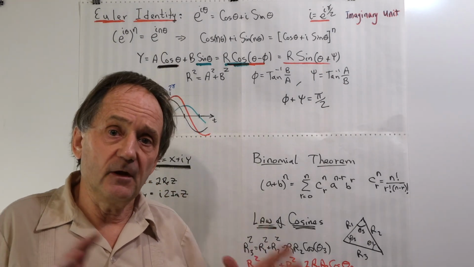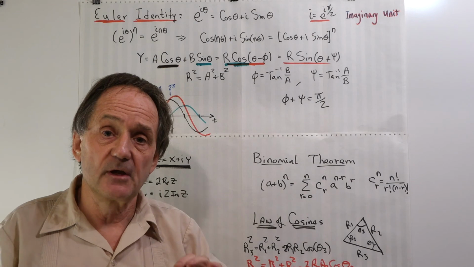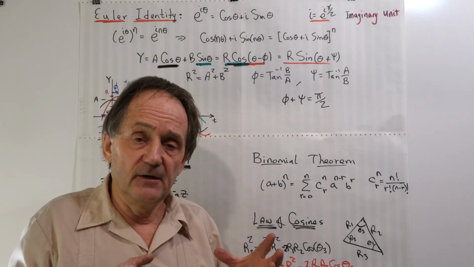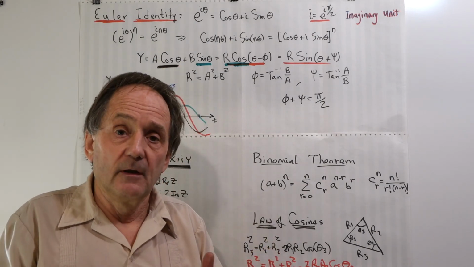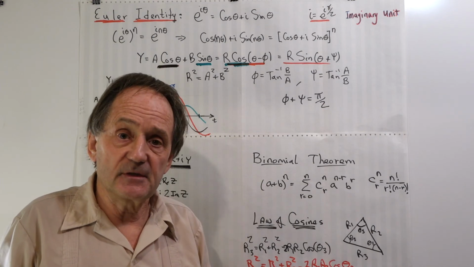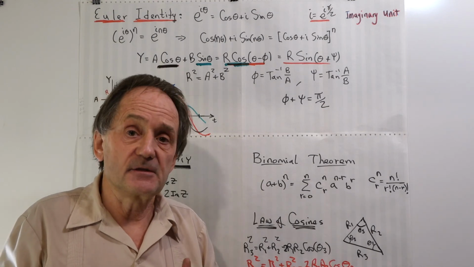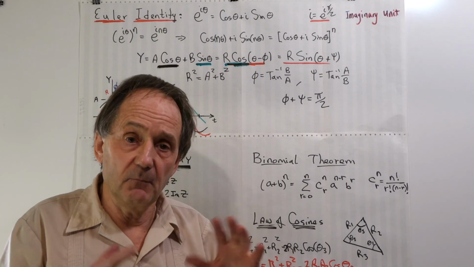This is how we use it in electronics all the time, is that when a signal goes through a network of inductors, capacitors, and resistors, a linear network like that will change the amplitude of the signal and its phase. It will shift it in phase and modify its amplitude.